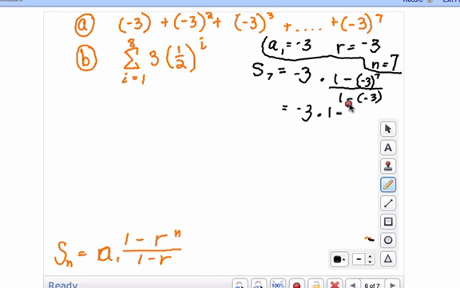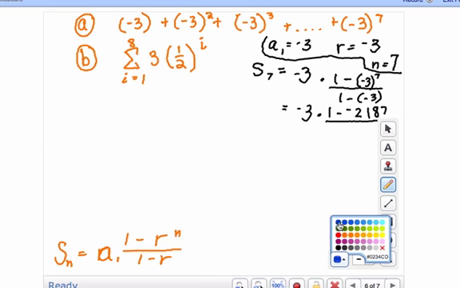Calculate that, and it's going to give me a negative 2,187, all divided by, and here we can see, when you have minus a negative, you're going to end up making that plus a positive, and so 1 plus 3 is 4.